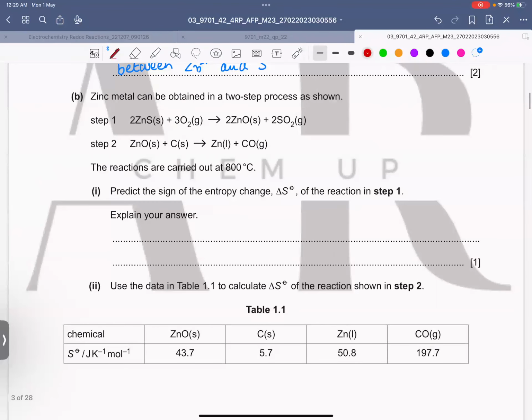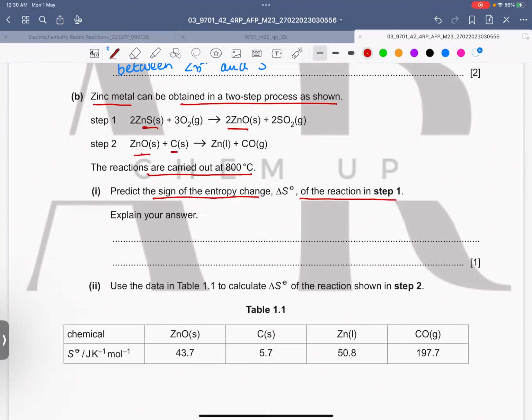Now, zinc metal can be obtained in a two-step process as shown. First zinc sulfide is turning into zinc oxide, then zinc oxide is reduced by carbon. The reactions are carried out at 800 degrees Celsius. Predict the sign of entropy change of the reaction in step 1. Can anybody figure it out? It will be negative.